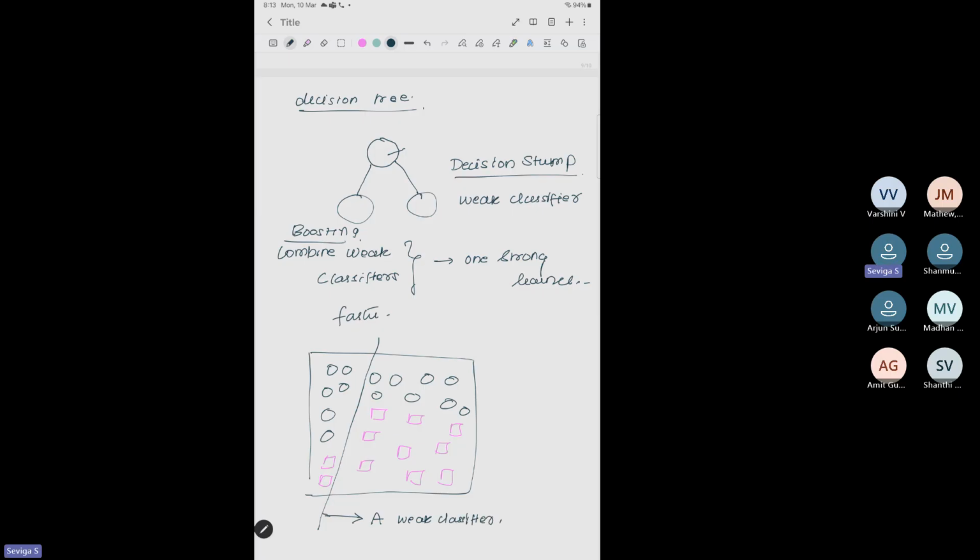This arrow indicates the positive side of A. Instead of using one weak classifier, boosting says we need to use multiple classifiers. So we can add some more lines like this.